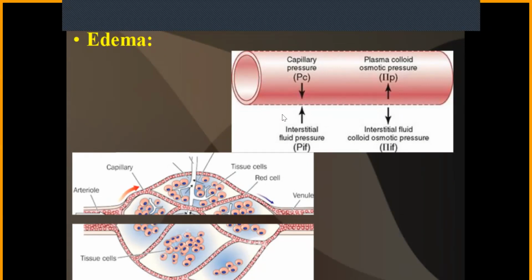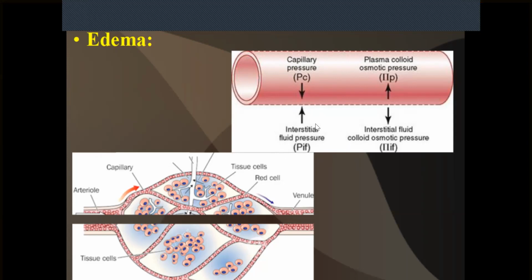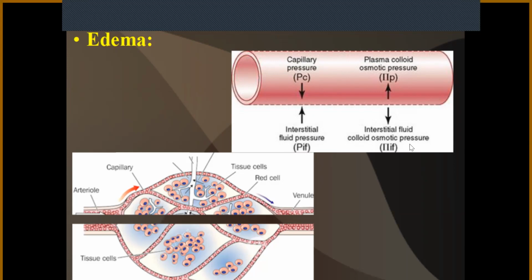If we remember Guyton's diagram, edema increases the fluid here, meaning extracellular fluid. This increases the interstitial fluid pressure, and at the same time, because of the high fluid amount, the colloid osmotic pressure decreases because the concentration of colloid also decreases.